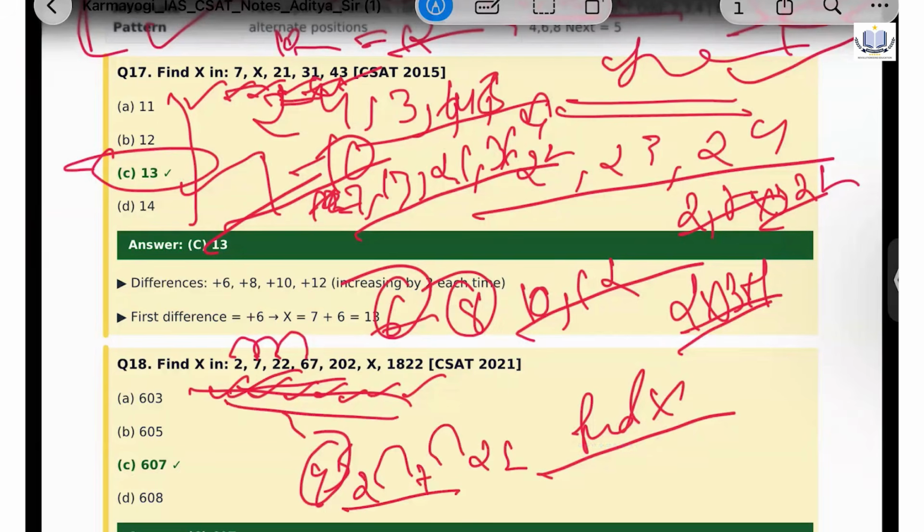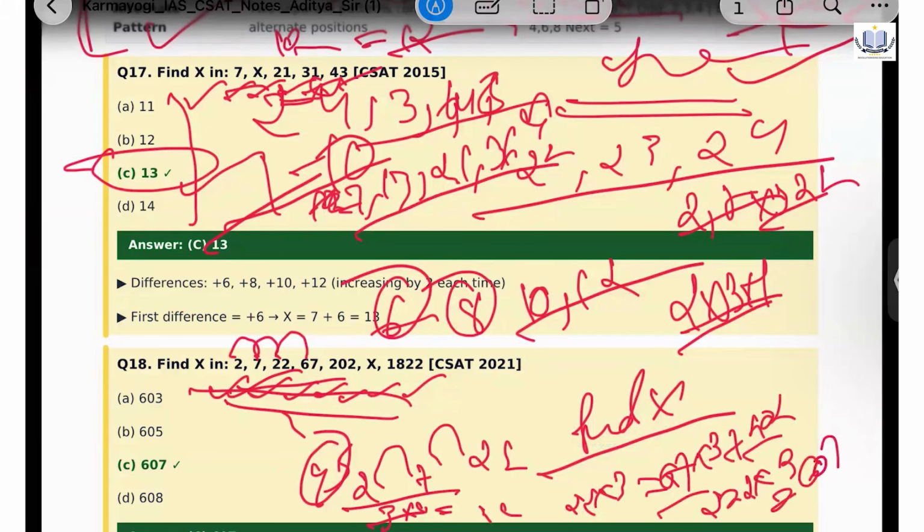So 2 into 3 plus 1 equal to 7. 7 into 3 plus 1 equal to 22. 22 into 3 plus 1 is 67. 67 into 3 plus 1 equal to 202. 202 into 3 plus 1 equal to 607. तो आपको क्या करना है ना, यहाँ से you can try hit and trial also. Okay. 607 is the answer.